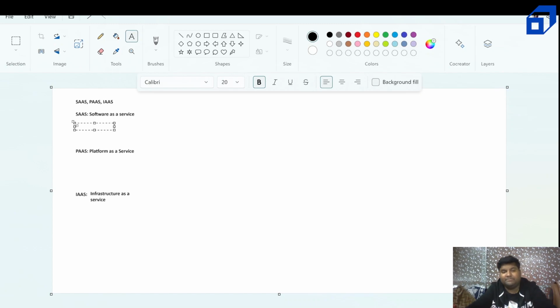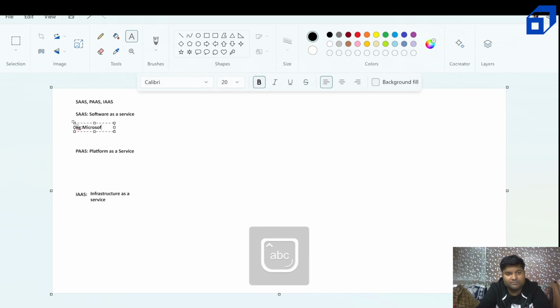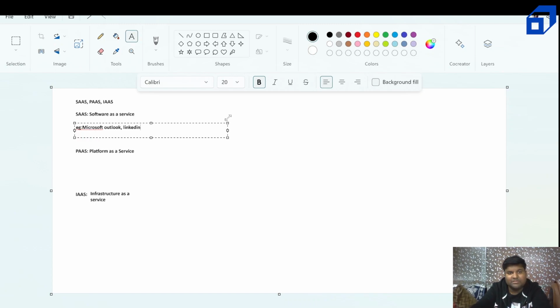Examples I can write: Microsoft Outlook or LinkedIn. LinkedIn Premium is a software as a service. In the LinkedIn free version, you don't see that many prospects, but Microsoft tools and LinkedIn Premium are basically examples of software as a service.